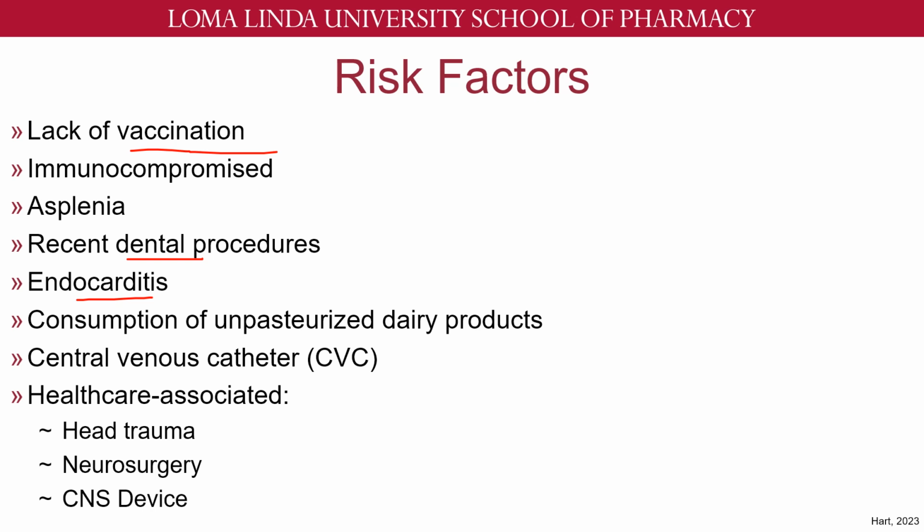And so especially if they're untreated, that bacteria can easily get into their central nervous system. Consumption of unpasteurized dairy products, having a central venous catheter. And then when you look at your more healthcare associated patients, the biggest risk factors are going to be having some sort of head trauma, neurosurgery, or one of those CNS devices we looked at earlier.